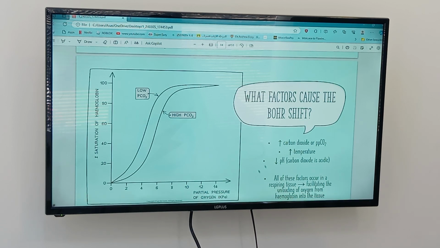Partial pressure of carbon dioxide, or pCO2, goes up, temperature is high, carbon dioxide is acidic, and all of these factors occur in a respiring tissue, facilitating the unloading of oxygen from the hemoglobin into the tissue. This affects the ability of the tissue to consume oxygen.